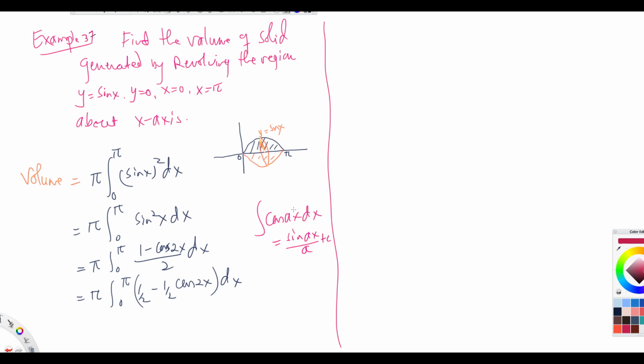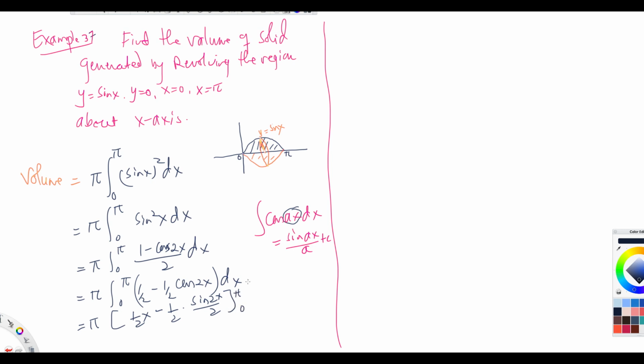If you set that quantity as u, if you do the u substitution there, you will get that. Okay, so that's what the formula is. So I'm going to do that. So there is pi, and what is the integral of 1/2? It is 1/2 x minus 1/2 sine 2x over 2. That's what you get. Okay, what are the limits?